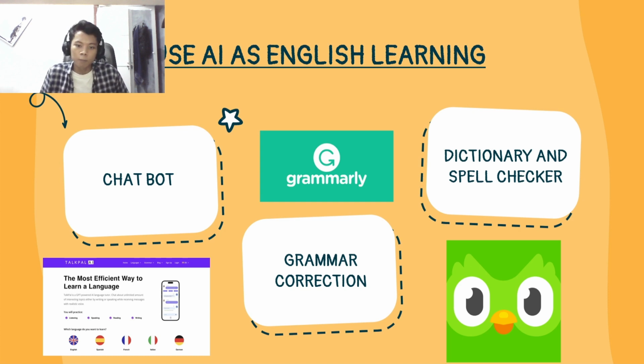Okay. Second, there is grammar correction. What is grammar correction? For example, if you use AI for an essay and you are not sure whether your grammar is correct or not, you can use Grammarly.